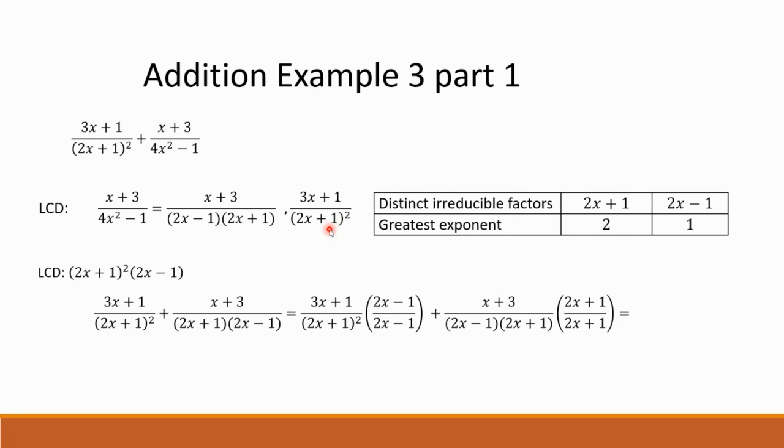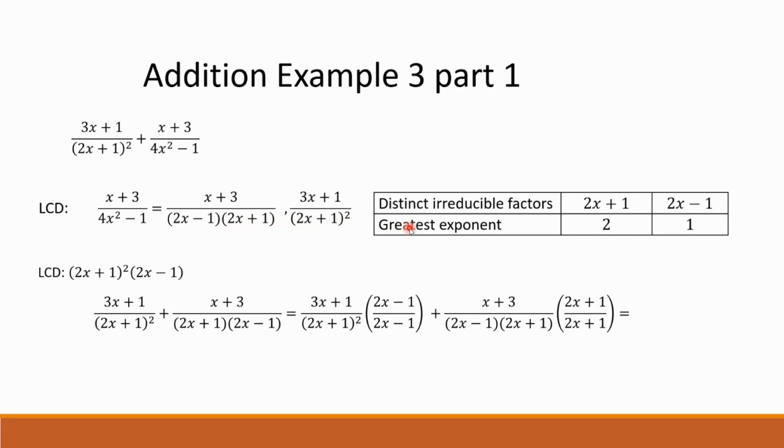So again, we want to get the LCD. For the denominator, let's get the factors. We have 2x minus 1, that's a factor. 2x plus 1, that's another factor. But notice the exponents of 2x plus 1: we have 1, we have 2.